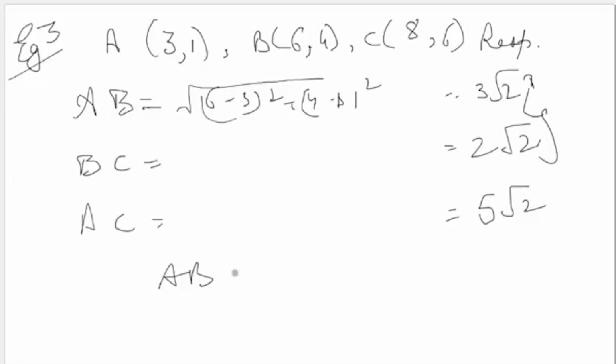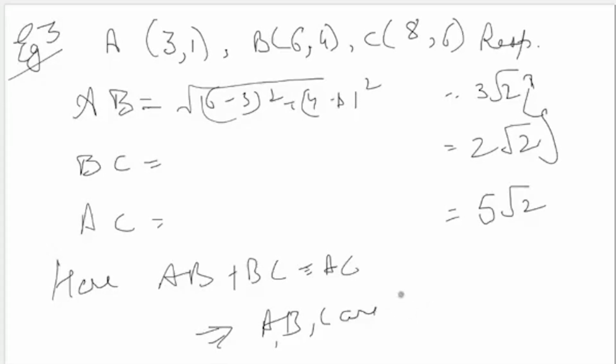So we can write AB plus BC is equal to AC. This implies A, B, C are collinear points. This is our answer. Hence justified.